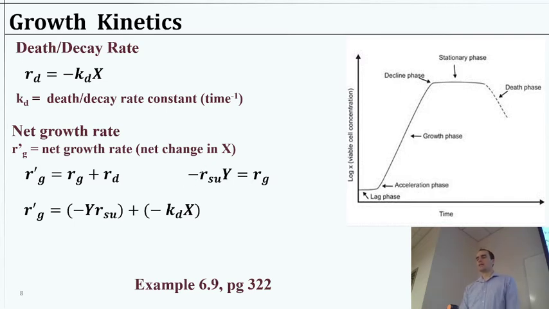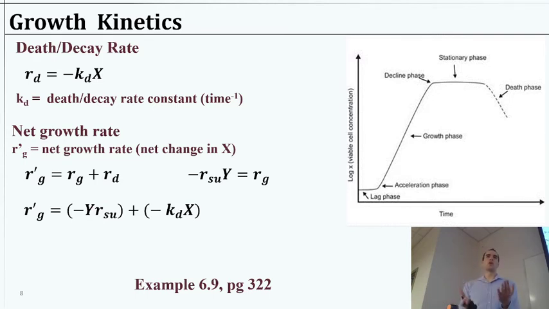And we can remind ourselves that we can define the growth rate in reference to the substrate utilization rate and make a substitution there, so we'll end up with two terms that relate the substrate and the X. So we can rewrite R prime of G as negative Y times that substrate utilization.